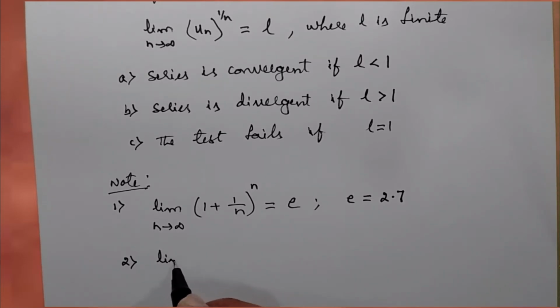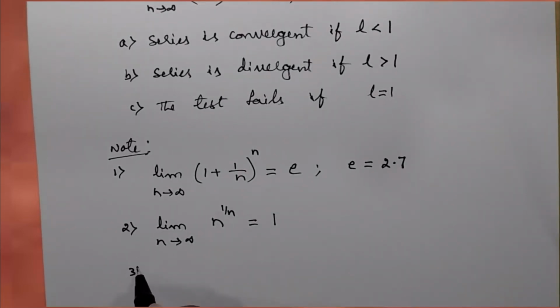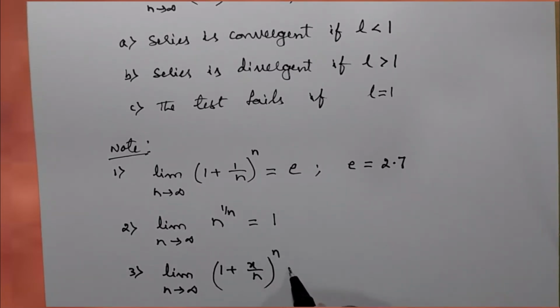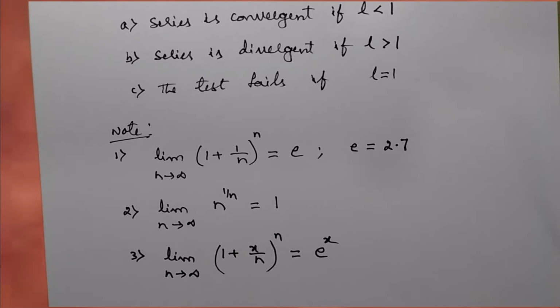The next result: limit as n tends to infinity of n to the power of 1 by n, whose value is 1. Another result: limit as n tends to infinity of (1 plus x by n) to the power of n, whose value is e to the power of x.